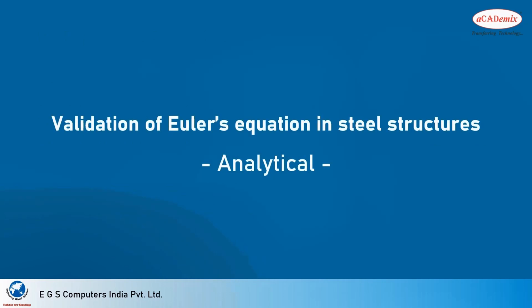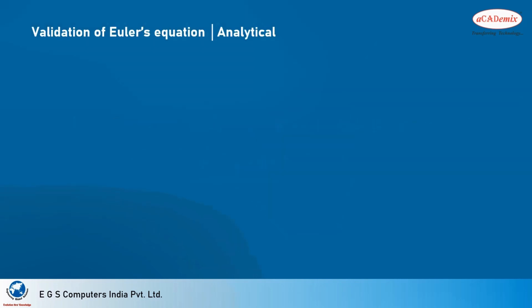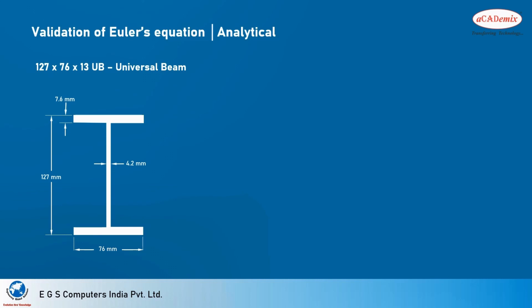Let's do some validation of Euler's equation for buckling load calculation. For the validation, we have selected a universal beam of size 127 by 76, which has a weight of 13 kg per meter. Flange width, beam height and flange thickness are mentioned in the figure below.